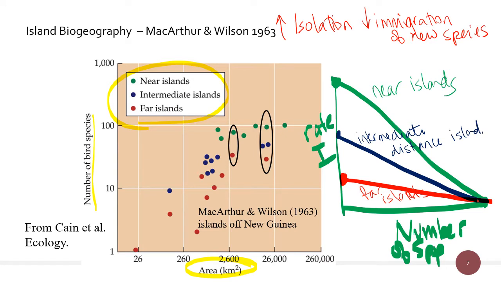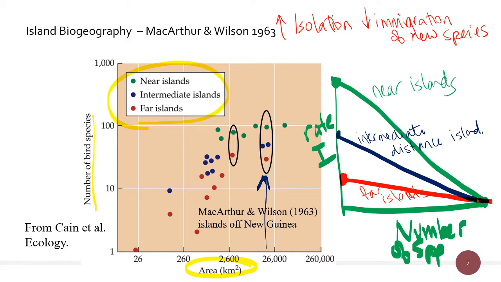So if we know that immigration is going to change with how isolated the island is, then how does that affect the actual equilibrium number of species? Remember, counter to this, you have extinction. So let's just say we're looking at the same sized island like we have in this example here.